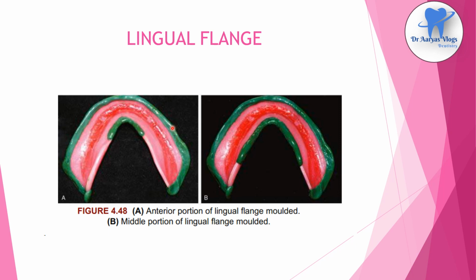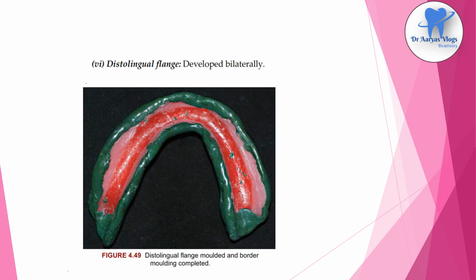This is the middle portion of the lingual flange. This is developed bilaterally. Here the patient is asked to protrude the tongue and lick the upper lip from side to side. Then the distal lingual flange is developed bilaterally. The active movement is that the patient is asked to protrude the tongue and then place the tongue in the distal part of the palate in the right and left buccal vestibules.